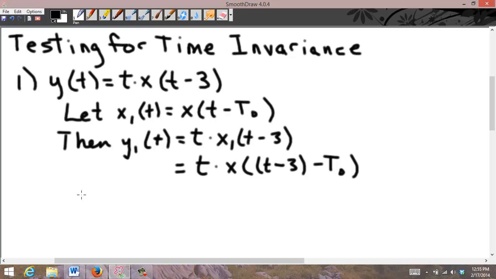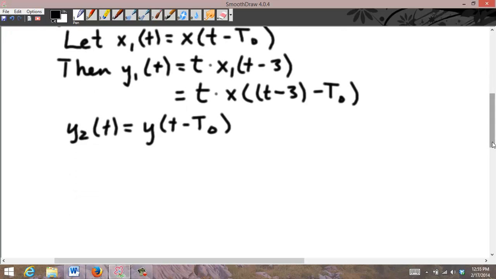But now what happens when you delay the output? Let's make a new output, y2 of t, define that to be a delayed version of y of t. So it's y of t minus t naught. In that case, when I delay the output, I take each value of t in the output and replace it with t minus t naught.